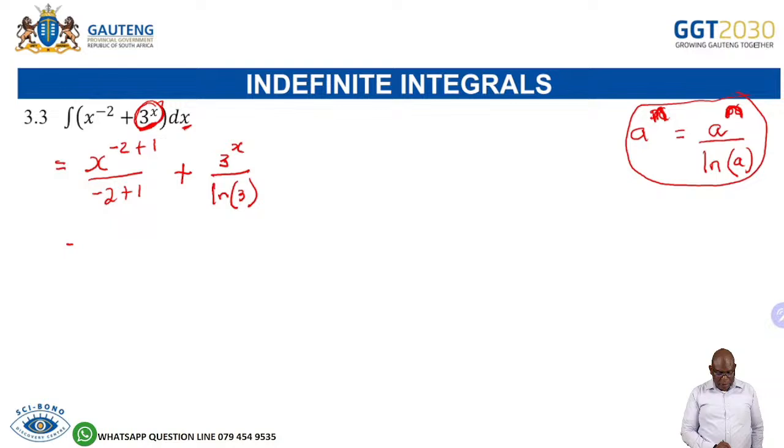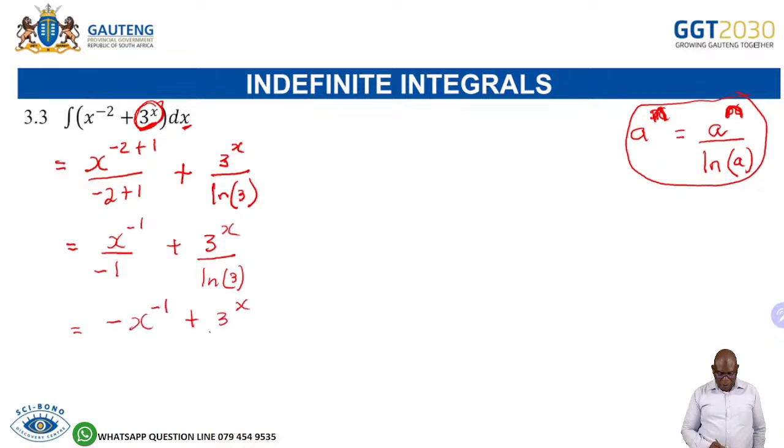In this case, I'm going to have x to the power minus 1 divided by minus 1 plus 3 to the power of x all over ln of 3. So I'm going to have negative x to the power of negative 1 plus 3 to the power of x all over ln 3.